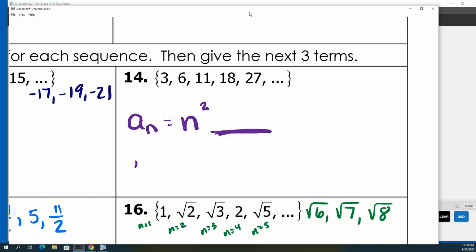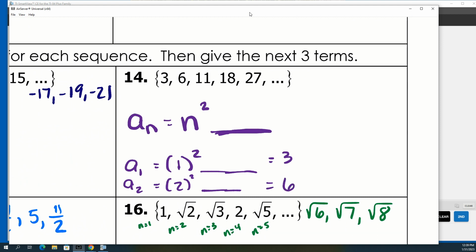And I'm going to need to be able to put 1 in for n, square it, do something else to it, and get 3. And then put 2 in, square it, do something else to it, and get 6. And then it's adding 2. Good.